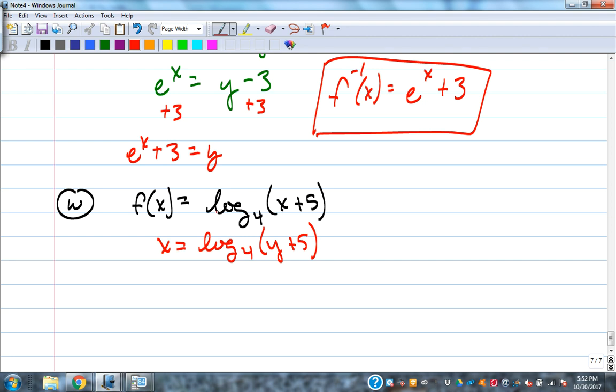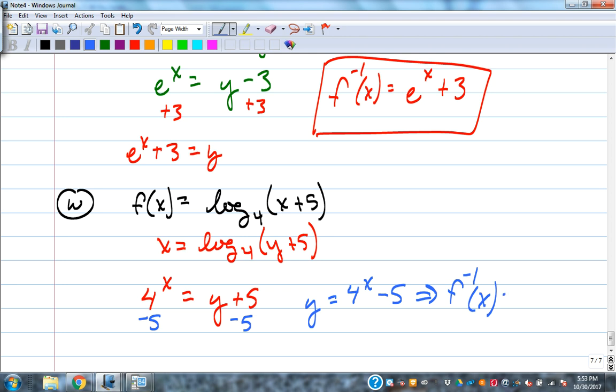What's the base? 4. So 4 to the x equals y plus 5. Subtract 5. Y is equal to 4 to the x minus 5. That equates to the inverse function: 4 to the x minus 5.